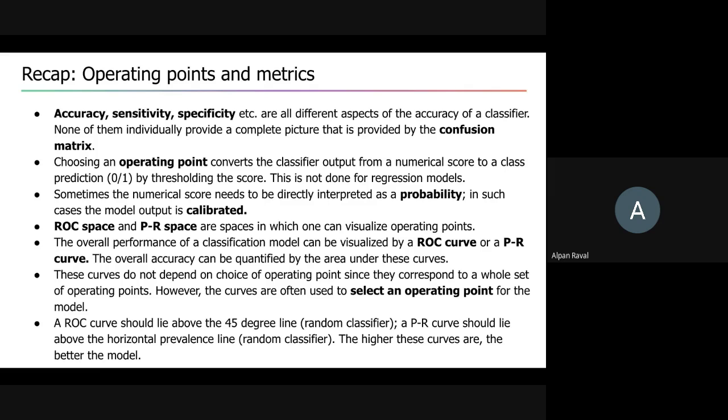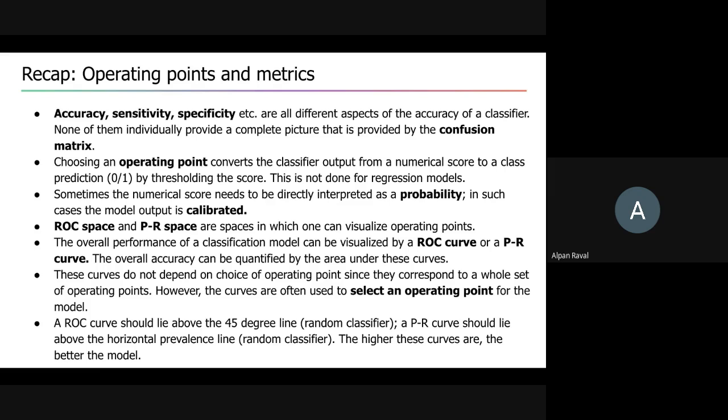Now, the problem with AI is that the confusion matrix itself relies on choosing an operating point, because the AI will output a score, not a 0, 1 classification. This is something we had also discussed. So you first have to decide on an operating point that converts the classifier output from a numerical score to a class prediction by thresholding the score.